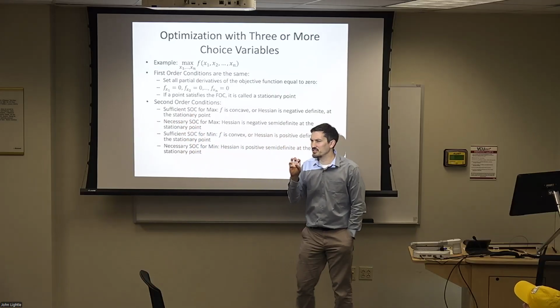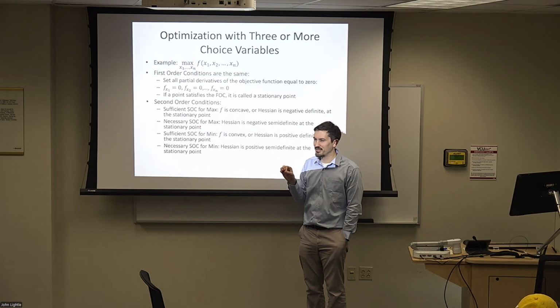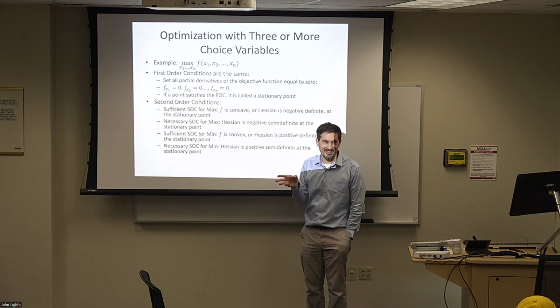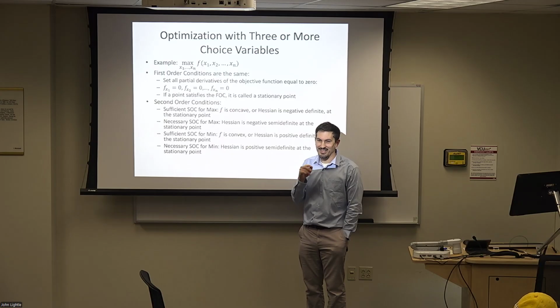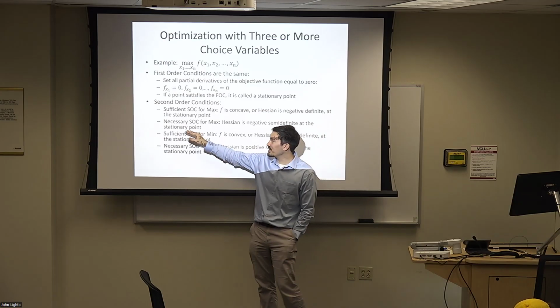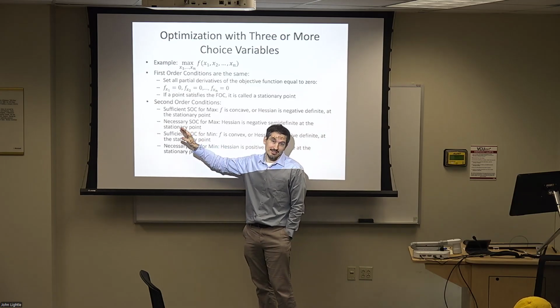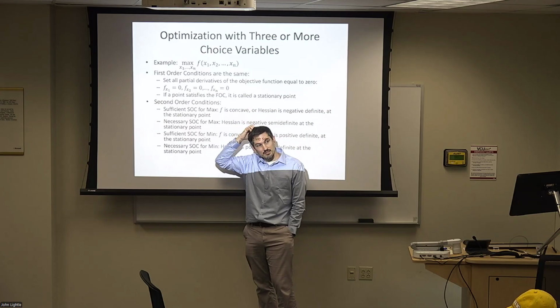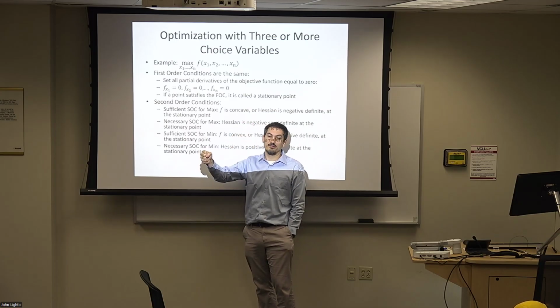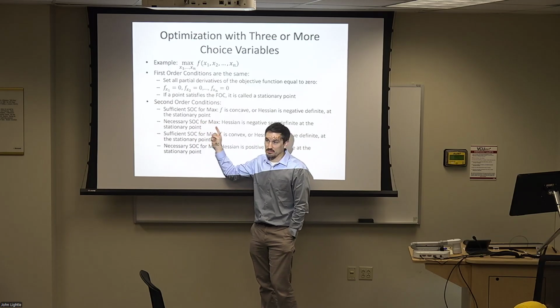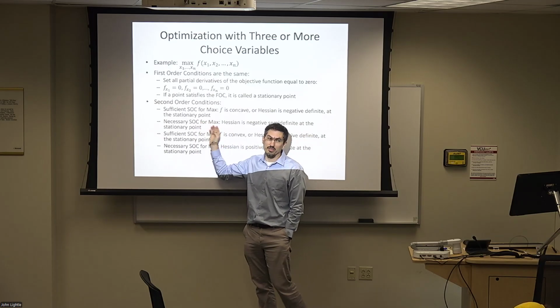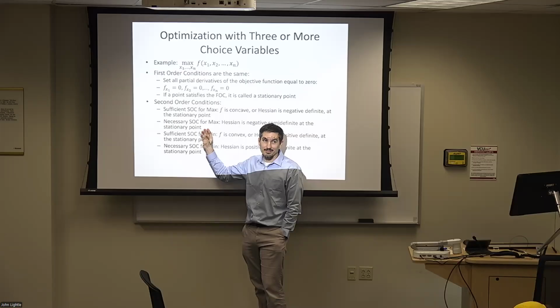Does anybody have any questions about what that means? Sufficient, necessary, and how it might matter. If you found that the necessary condition holds, that's good. That means it's a real candidate for, let's say, maximization. That point could be the maximum.